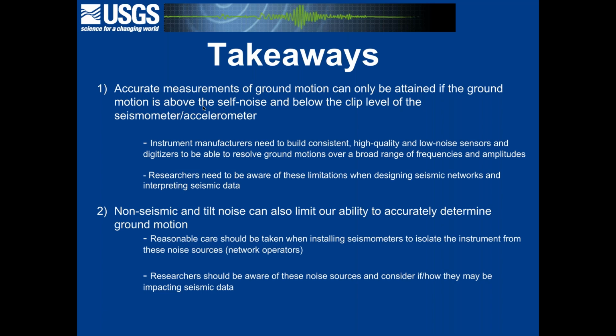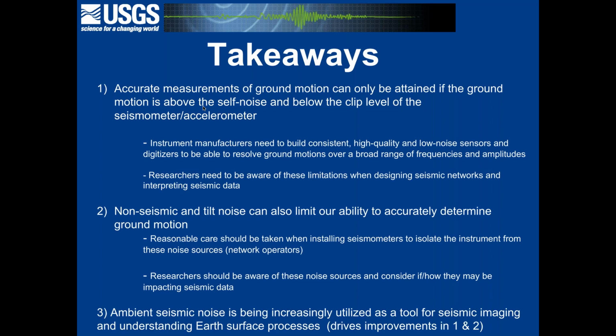Non-seismic noise sources and tilt can also limit our ability to accurately determine ground motion. And finally, ambient seismic noise sources are being increasingly utilized by the seismic community as a tool for understanding Earth surface processes. So with that, I will take any questions if there are any.